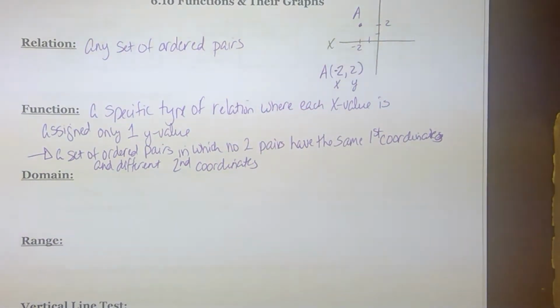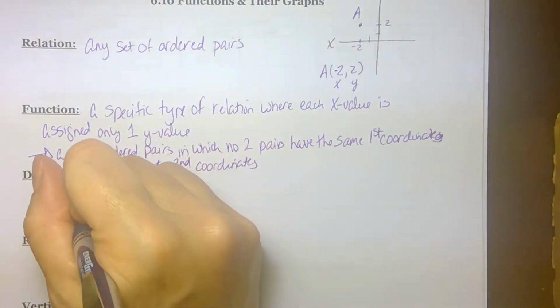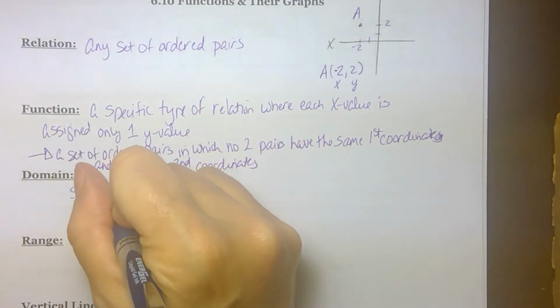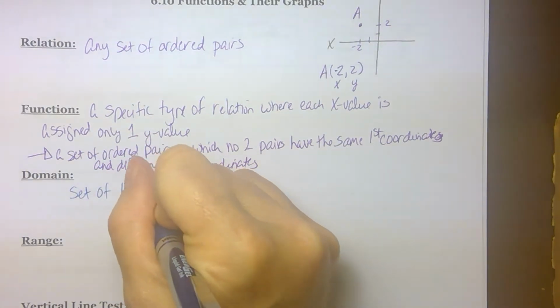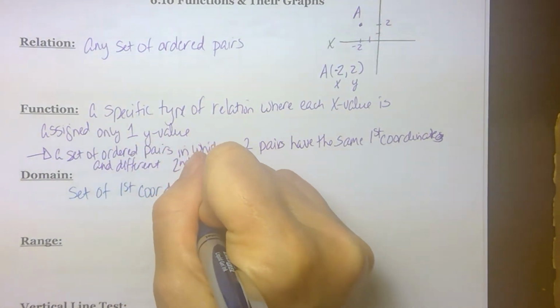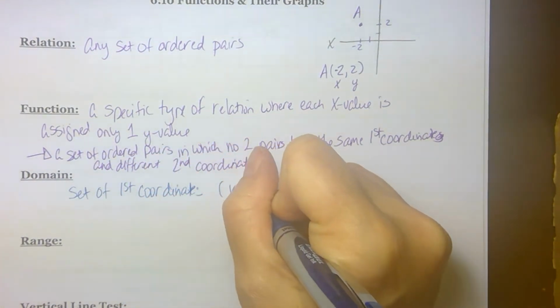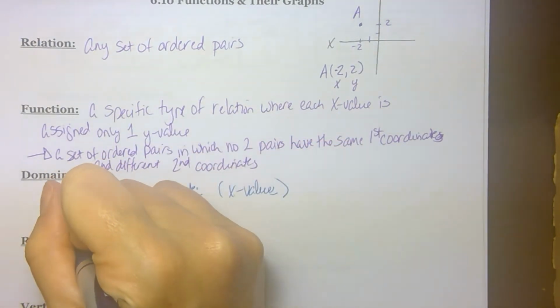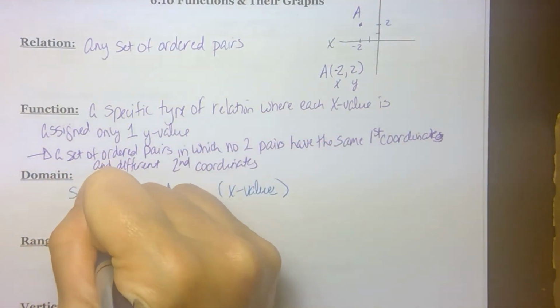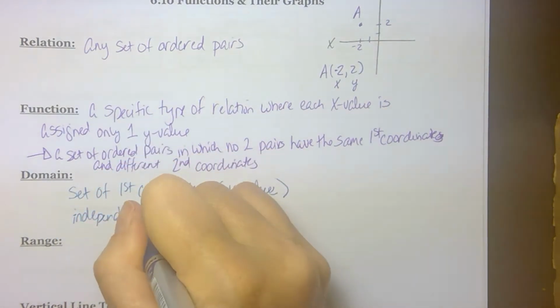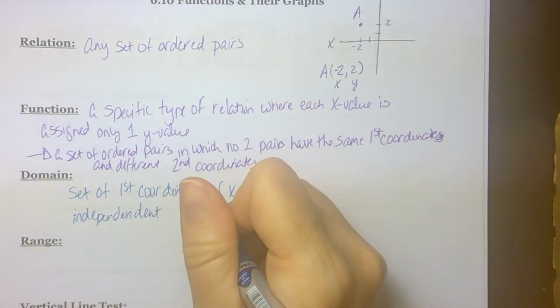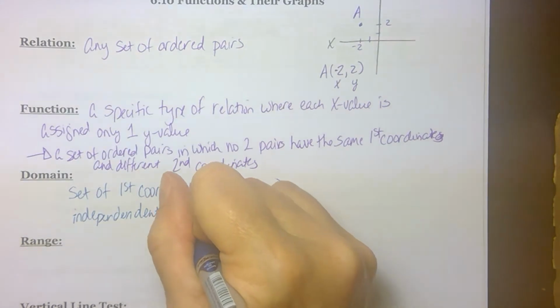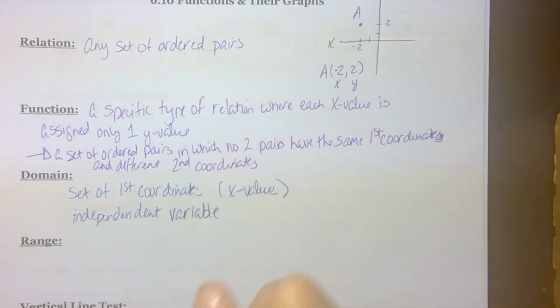When we're talking about domain, we're talking about that set of first coordinates. It's my set of x values. The domain is my independent variable. It's what we plug in to get our answer.